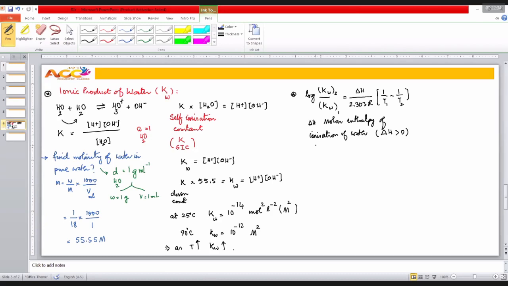In continuation, going back to the previous class, what was my target actually? A quantitative study of H plus and OH minus ions. We said acid is strong, base is strong, acid is weak, base is weak. How much weak? How much strong? If you want to know, we need H plus ion. No, no, sir, we need alpha. We started with the discussion of alpha.